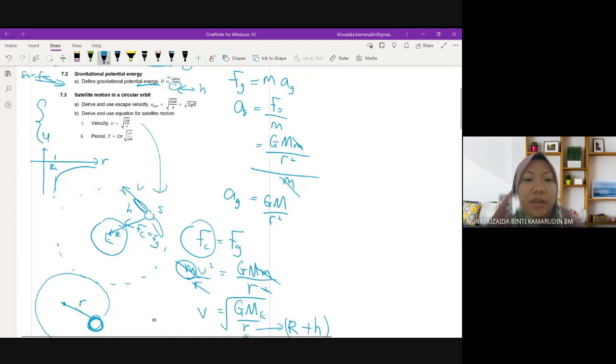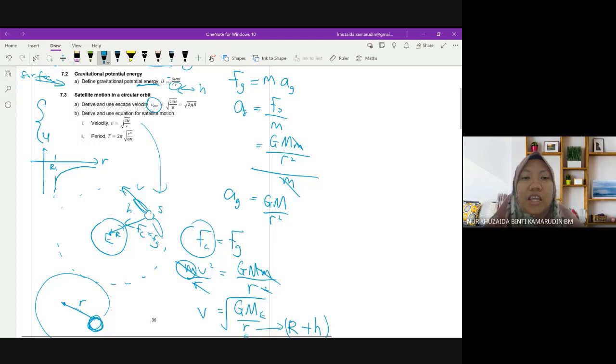Okay, this one. Alright. And we have another type of velocity. We have escape velocity. So escape velocity is the minimum velocity that the rocket ataupun apa sahaja yang kita nak lepaskan daripada gravitational acceleration of the earth, yang kita kena provide so that dia boleh pergi ke infinity lah. So kita panggil dia sebagai escape velocity.